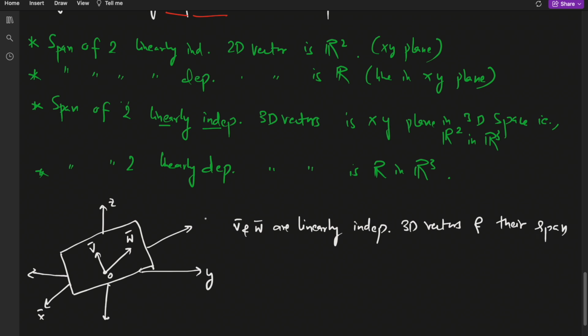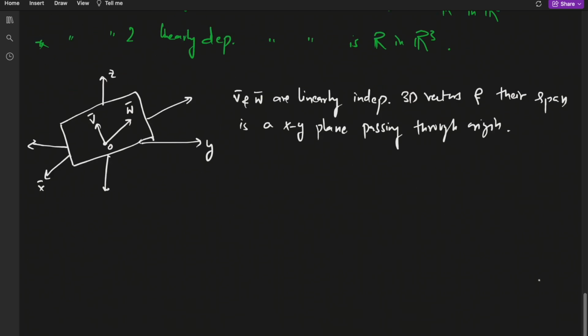The set of all linear combinations of v and w is an xy plane passing through the origin. All right, and guys, one more thing: this is a subspace also. Subspace will have a different video, but just giving you that this is a subspace also.